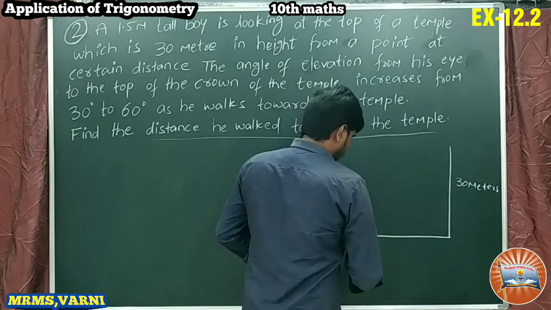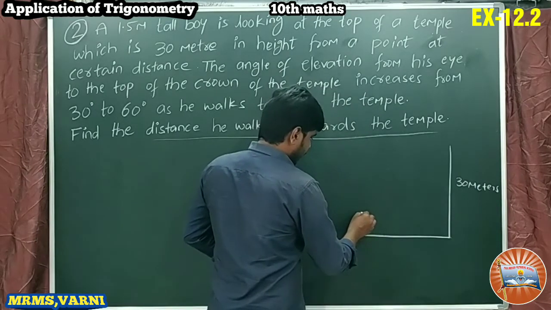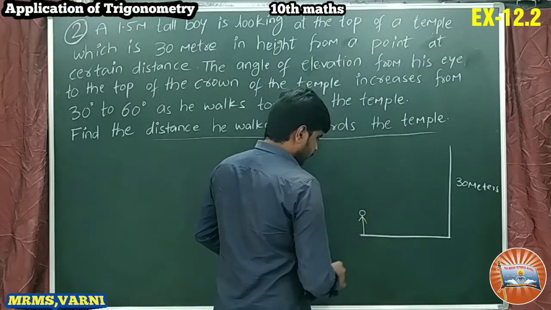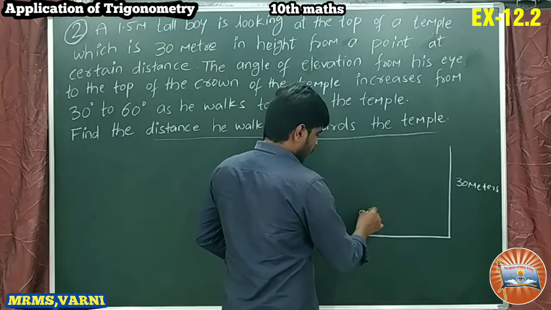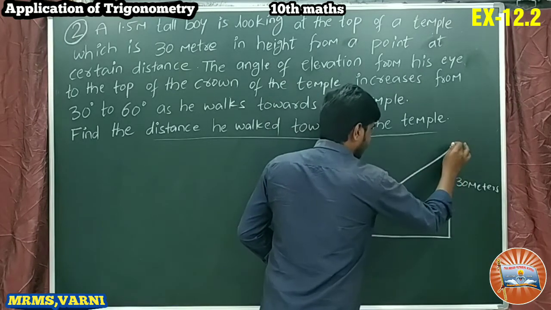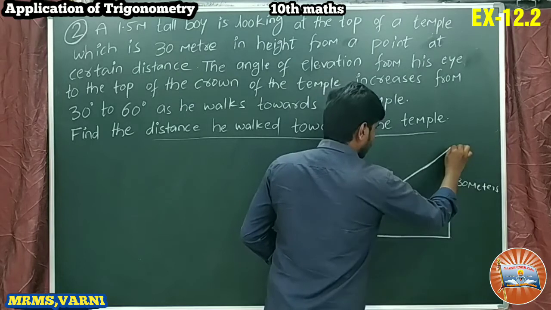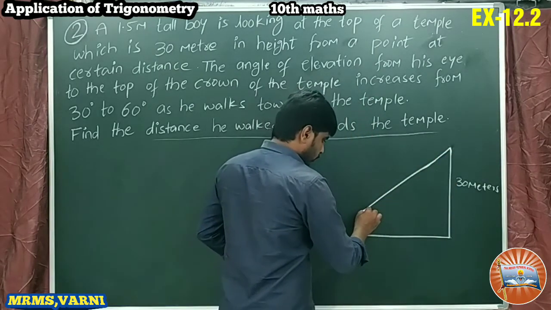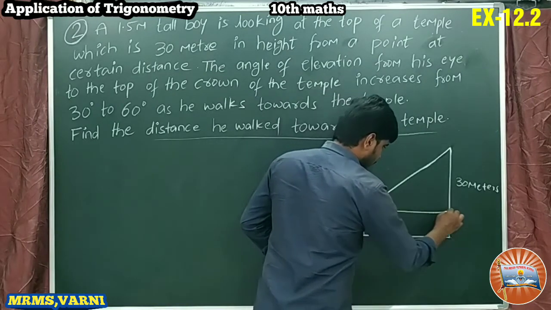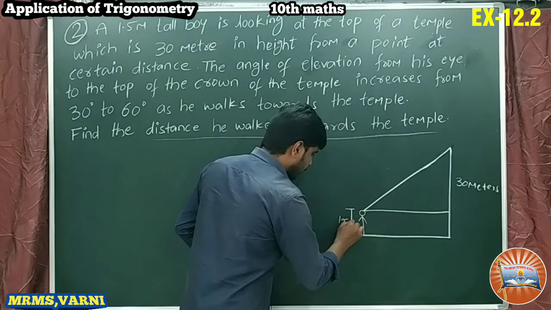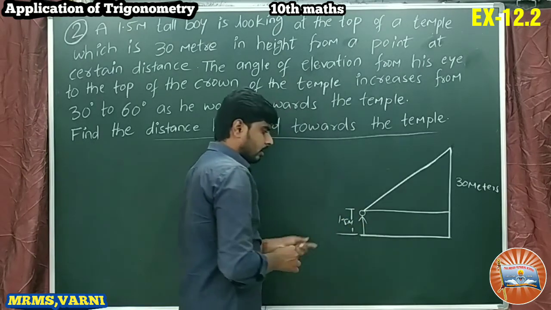Here the boy is standing. From his eye it makes an angle of 30 degrees, as he is watching the top of the temple. So draw a line from here. This is the height of the boy, 1.5 meters.